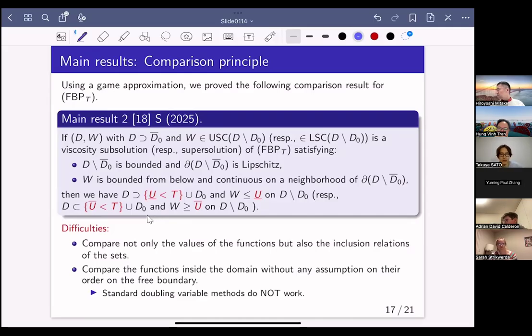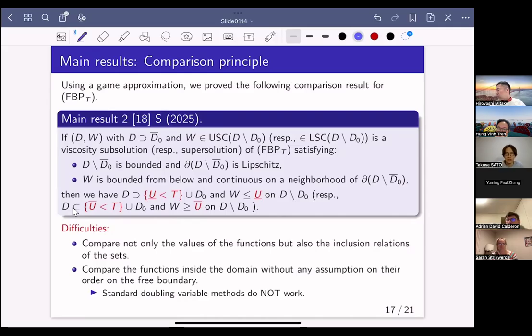To show this comparison result, the main difficulty is that we need to compare not only the values of these two functions, but also show this inclusion relationship.